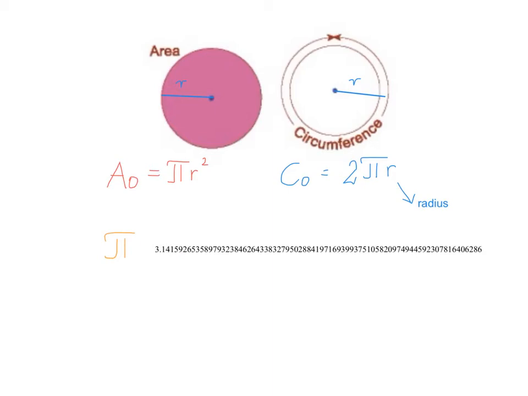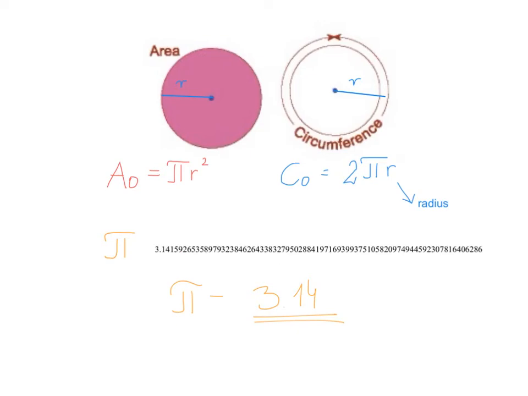So usually we round it and use pi as 3.14. If you are asked to use it, you just need to put 3.14 into the formula and calculate it.